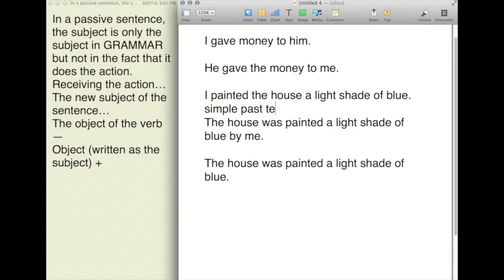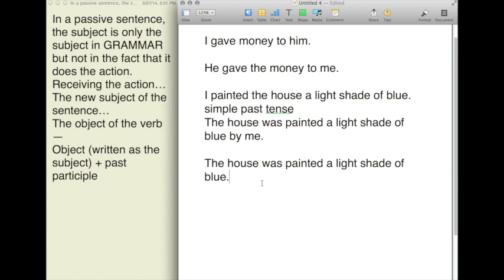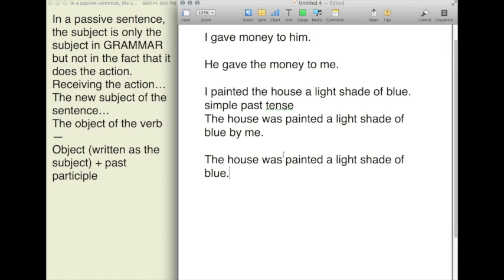Simple past tense. But when we use the passive voice, we use the past participle. The past participle is a form of the verb. We use the past participle for passive voice. So instead of saying painted, we say was painted.